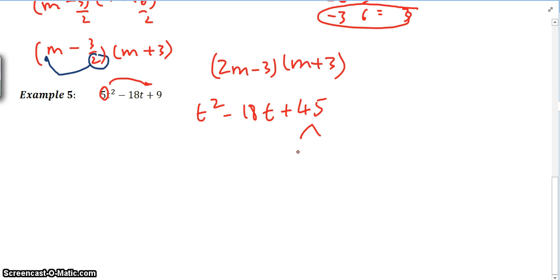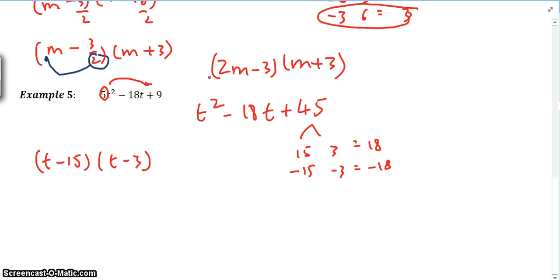Well, we've got 15 and 3, but I don't think 15 and 3 will work, so we can use minus 15 and minus 3, and you can see here this adds to minus 18. So the factors that we want are going to be written as t minus 15 and t minus 3.